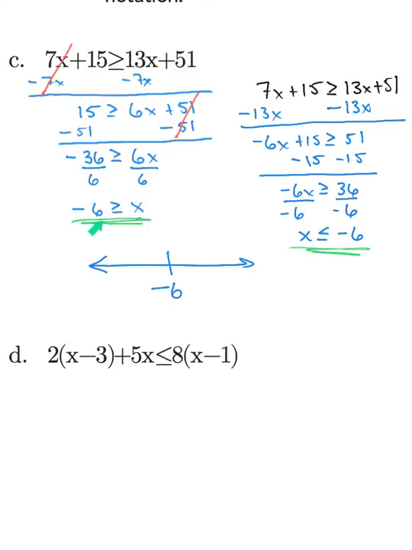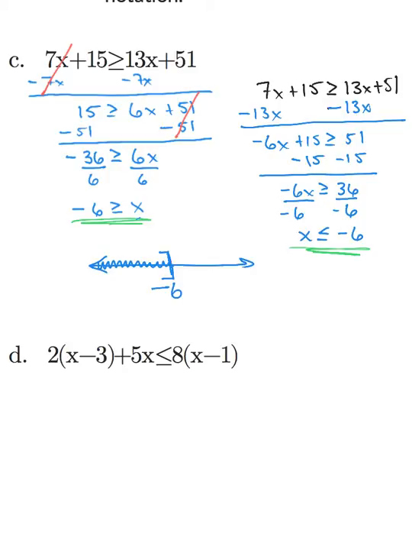So if you're looking at this one here, just be very careful that you are picking numbers that are going to be smaller than negative 6. That means that we want to shade to the left, and at negative 6, I want a square bracket opening towards the shading, since it is included.